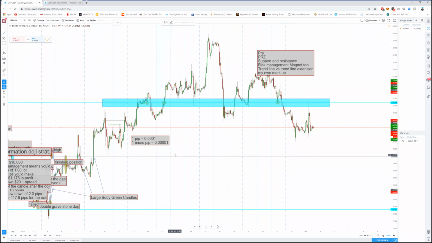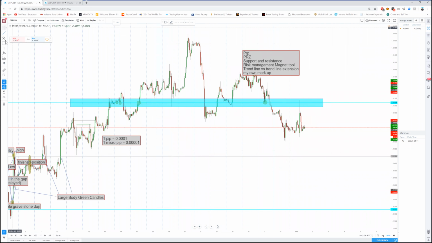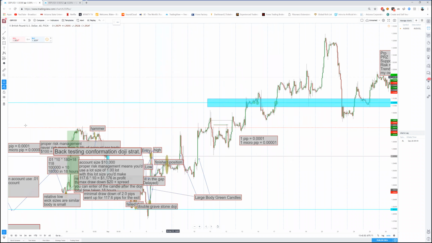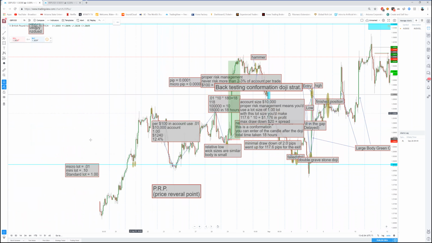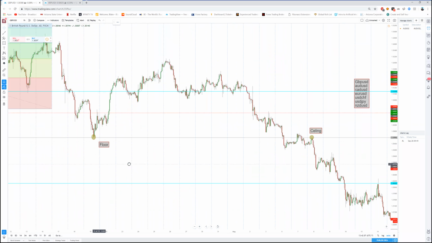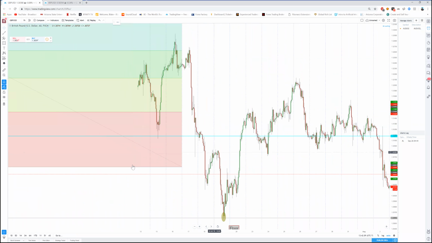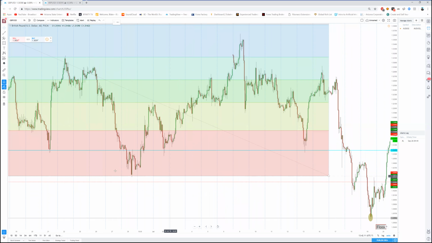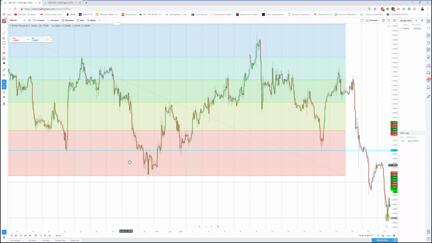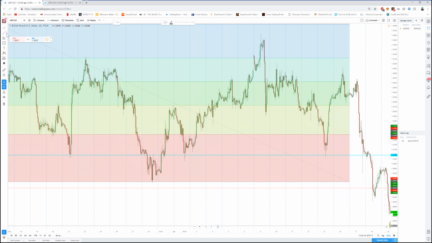So to do that, let's go backwards in data so we can do some back testing with this, so we can see what would happen more realistically with this tool. And we can use the other one as well, the extended trend line.